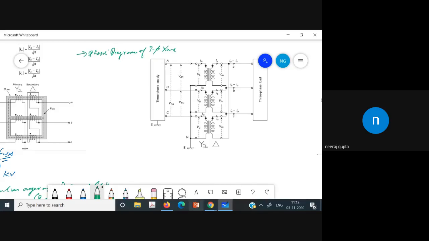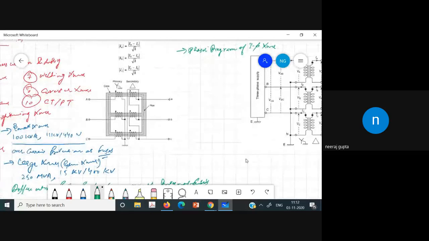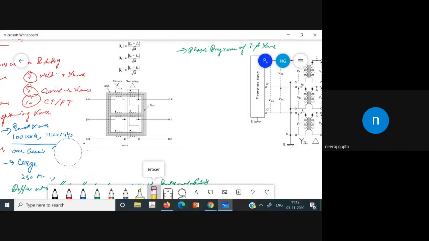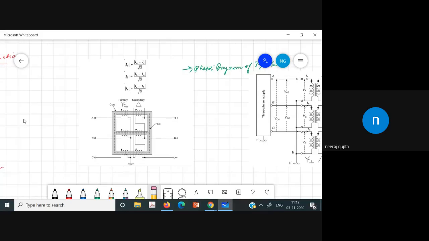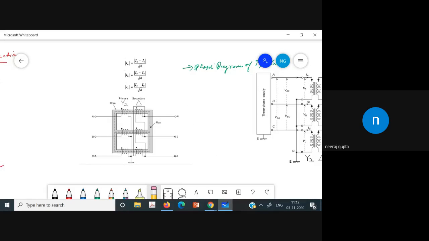Now, let us consider this diagram. Let us consider the three-phase transformer and the various connections which are involved in the three-phase transformer.